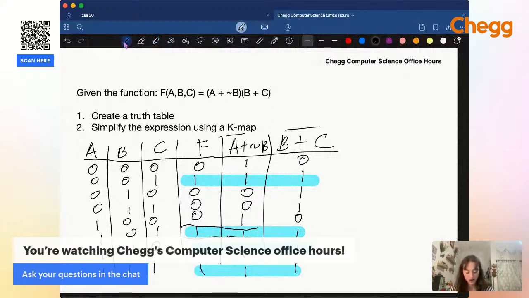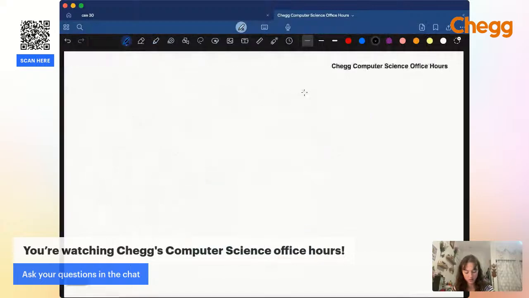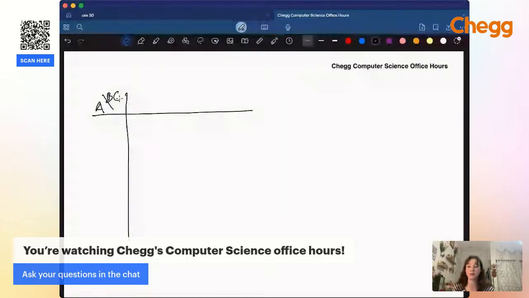I'm going to make a K-map. So I'm going to add a new page. We ran out of space. All right. So K-maps, if you remember from your classes, you have one letter and then you have two other letters. But if you had 4 letters, you would do A, B on the rows and C, D on the columns.